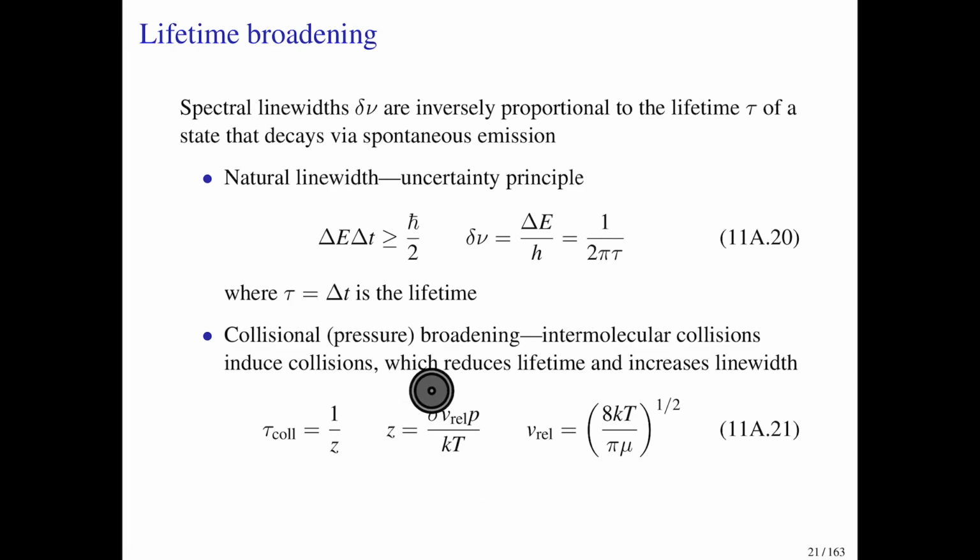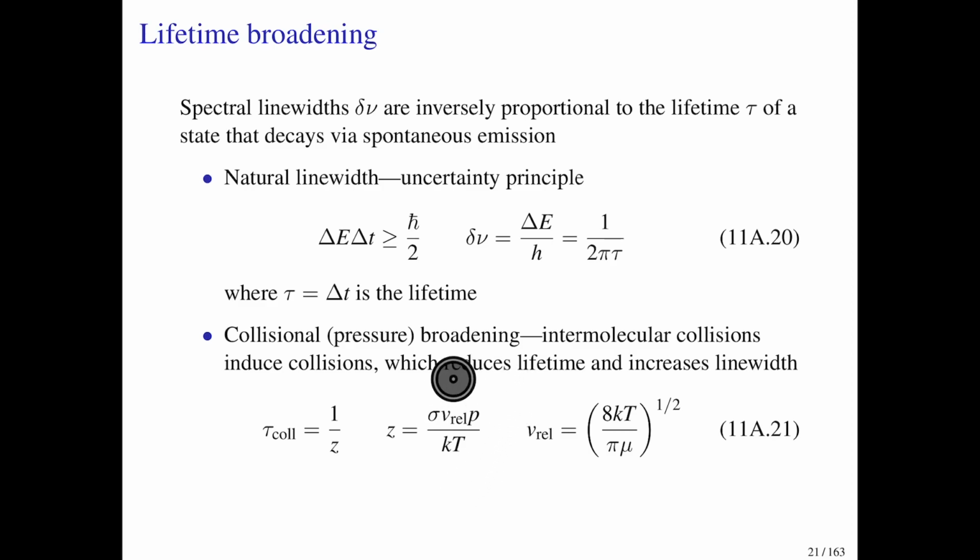And last semester we learned about all sorts of relationships for calculating collision frequencies. They depend on the size of the molecules. So sigma is the cross-sectional area of the molecules that are colliding. This is v, the relative speed of the colliding partners, how fast they're moving. P is the pressure of the gas sample, and then T is the temperature of the sample.